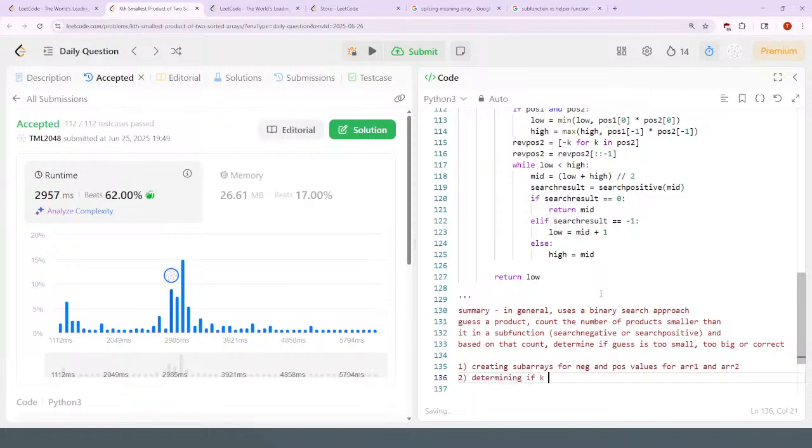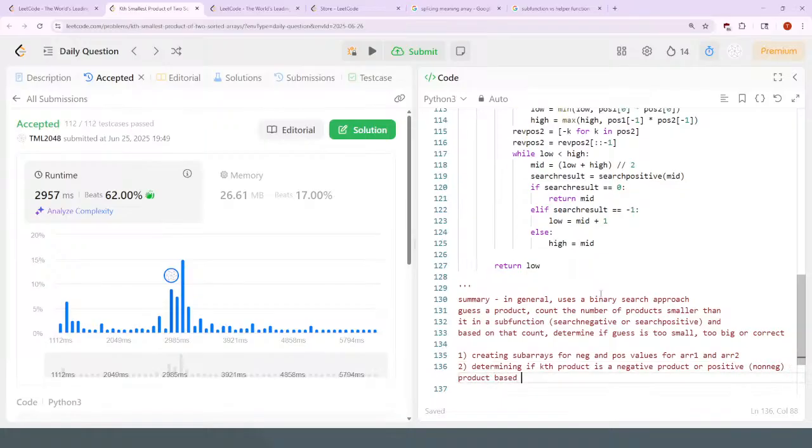Then determining if the kth product is a negative product or positive product, positive being non-negative, based on counts.